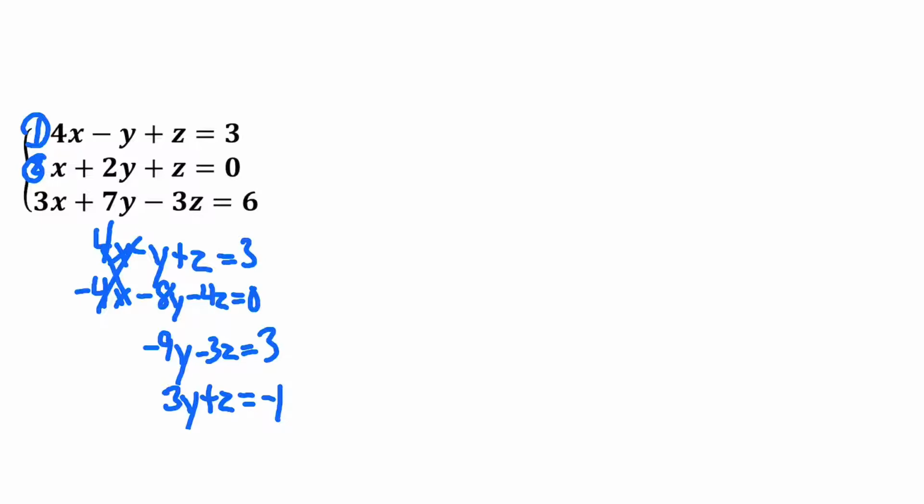Now, we have another equation here that we want to make, and so for that I'm going to use 2 and 3. And so that's going to end up being 3x plus 7y minus 3z equals 6. And then I'm going to multiply equation 2 by negative 3.